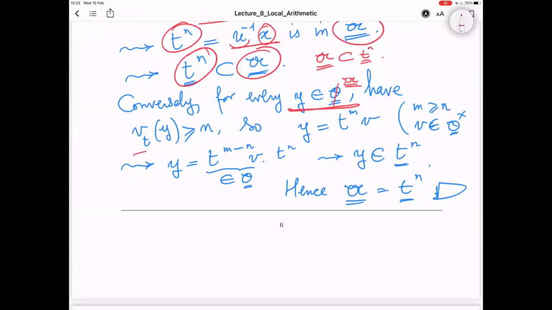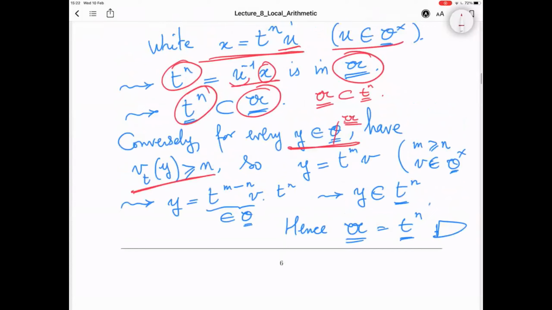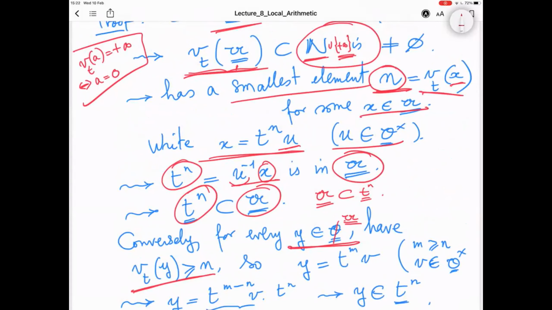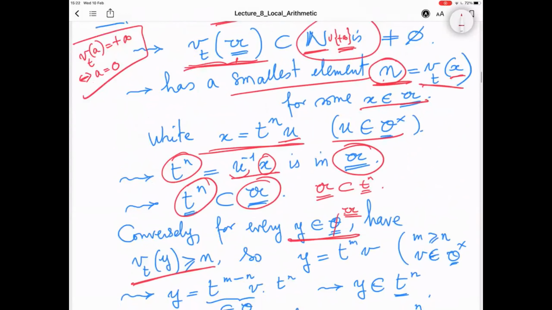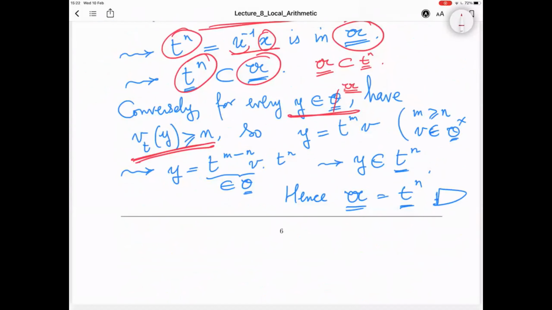In any case, what we know is that the valuation of y is at least n, because the smallest possible valuation of an element of the ideal A is n. So we can write y equal to t to the m times v, where m is at least n and v is a unit.